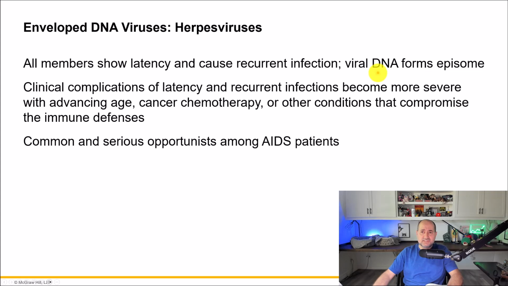These viral DNA can form episomes, which are independent pieces of the viral DNA that hang out in the nucleus, but don't integrate into the host DNA. Clinical complications of latency and recurrent infections with these herpes viruses become more severe with advanced age, cancer chemotherapy, and other conditions that compromise the immune system, such as HIV/AIDS.